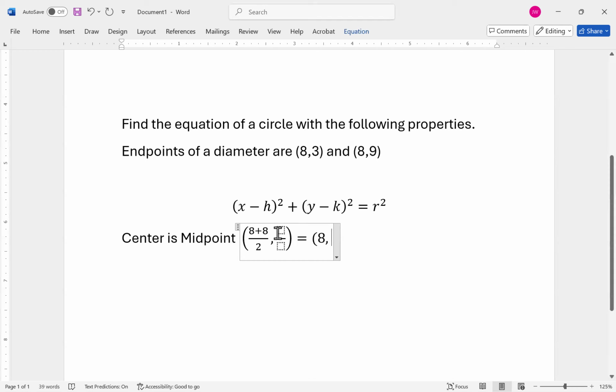And then halfway between the y value of 3 and the y value of 9, you just do 3 plus 9 divided by 2. So you get a 6. So (8, 6) is the midpoint of the diameter.